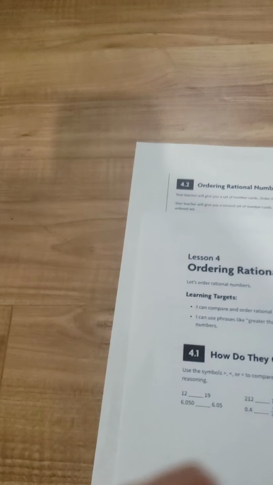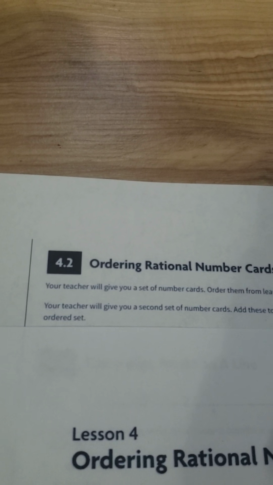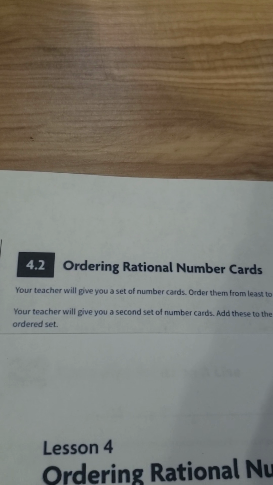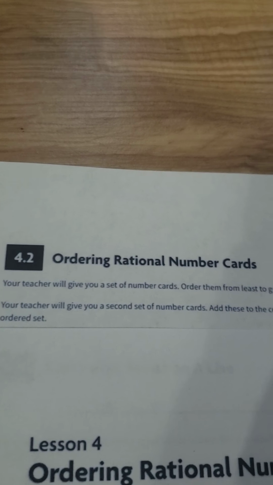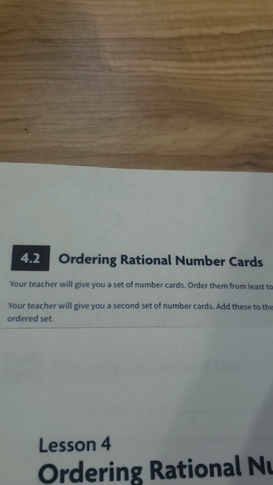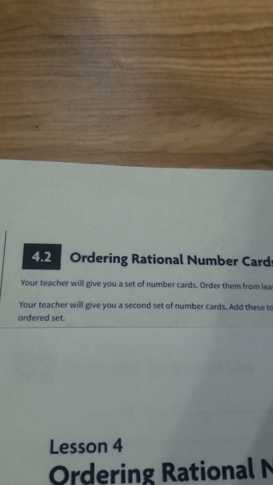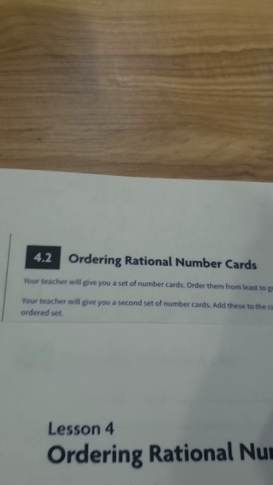The next part of today's lesson is right under that on page 33. It's 4.2, ordering rational number cards. I attached a master's page onto your lesson for today. I printed it out and cut them all out, so your cards look like this.